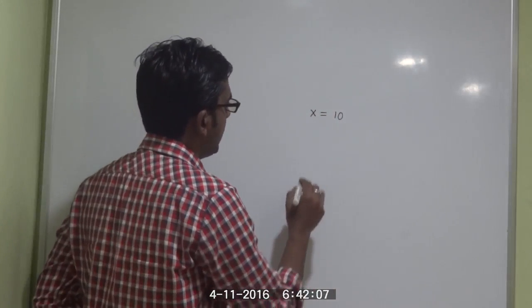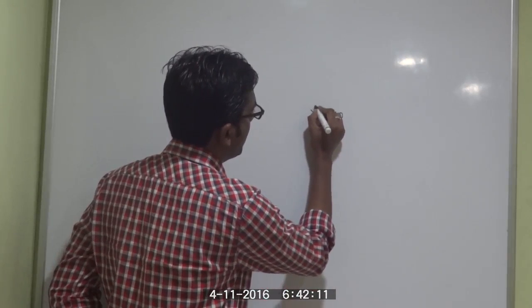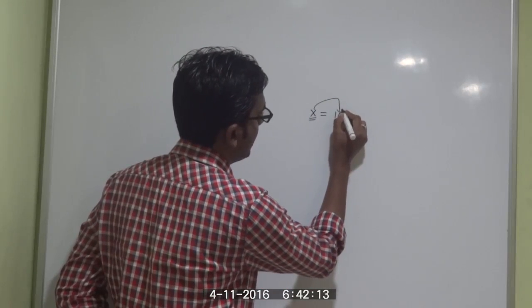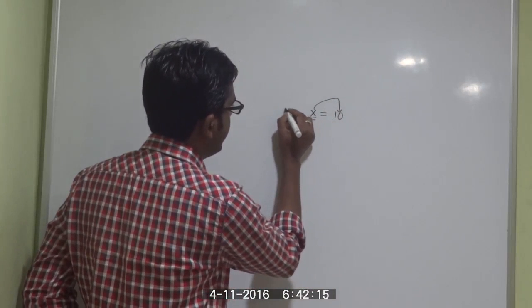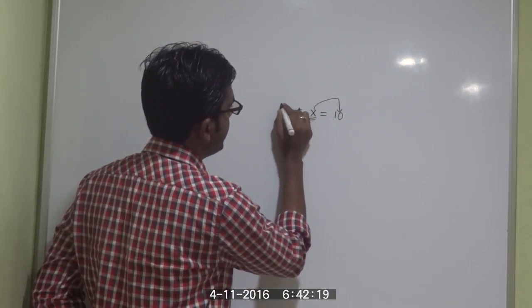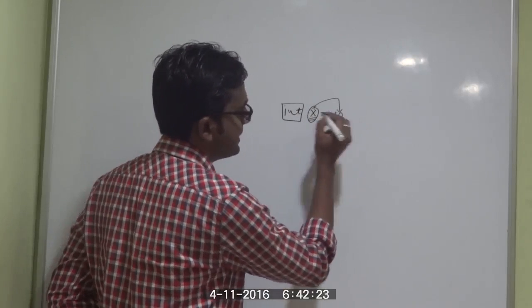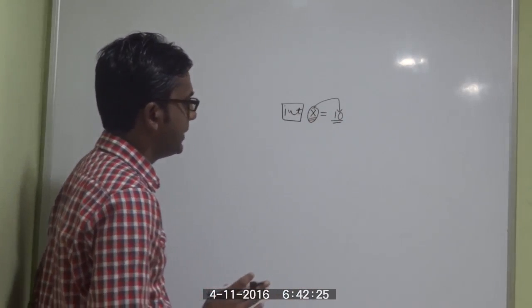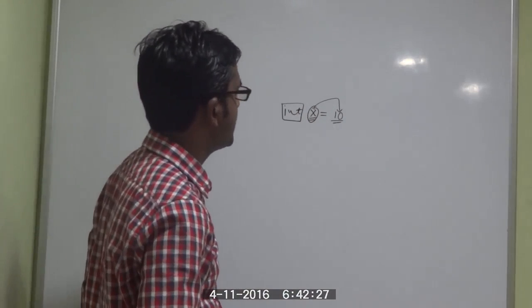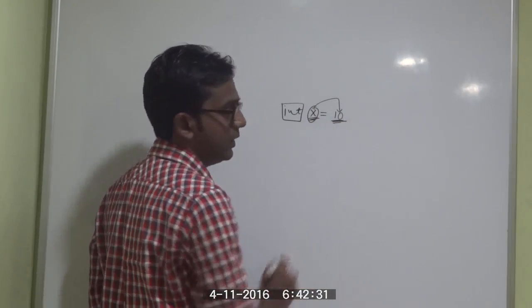So I need to specify that this variable will hold a decimal value, and to do so I need to use a data type. The int data type specifies that this variable will hold a decimal value. So the main purpose of a data type is to specify what type of value a variable will hold.